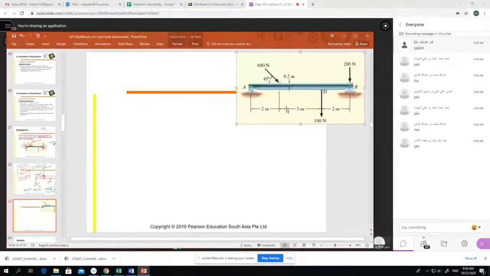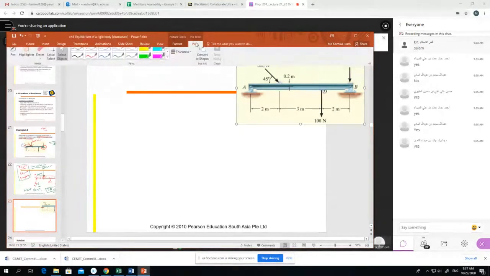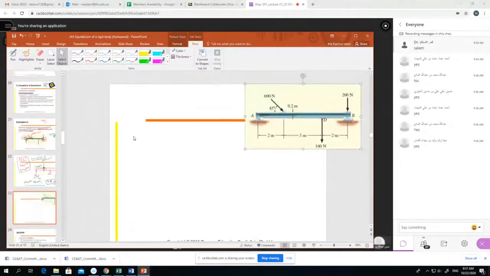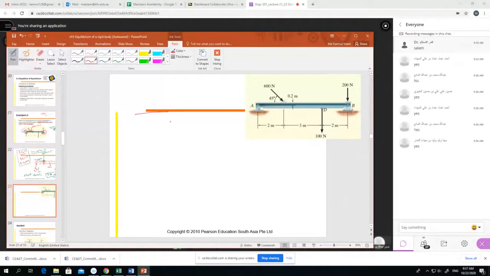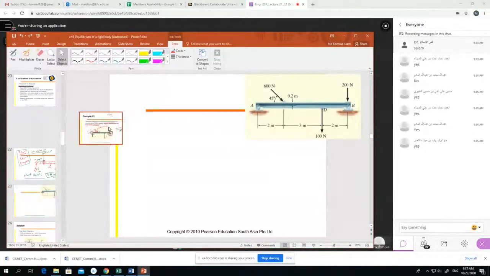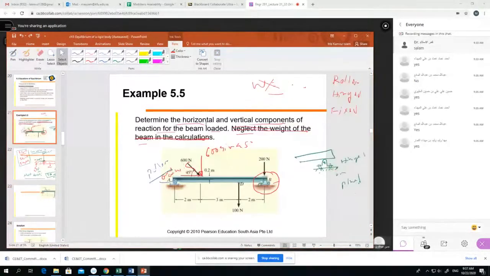First, you have to draw the free body diagram, and let us draw it. Sorry, it's difficult for me to draw a straight line, but I try.